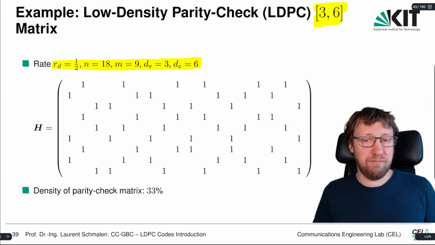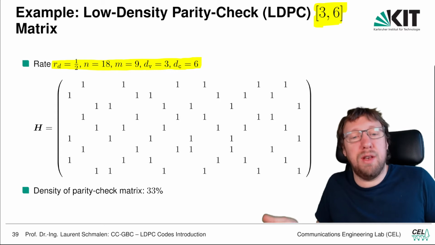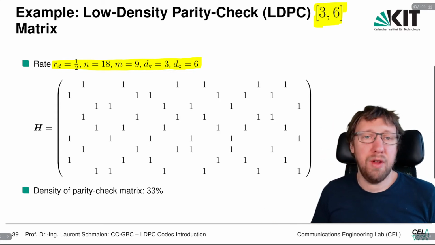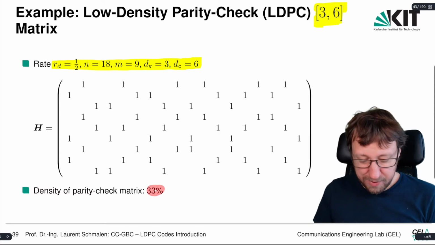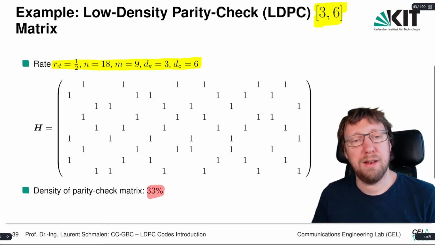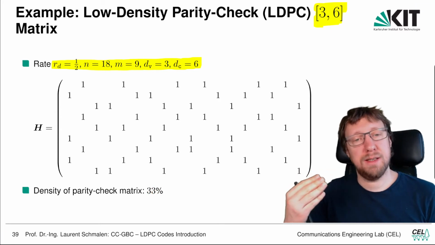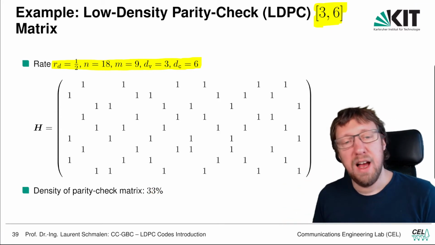That's a low density parity check code. Well, its parity check matrix is not very sparse. It has a density of 33%, meaning 33% of the entries are ones, 66 or 67% are equal to 0.